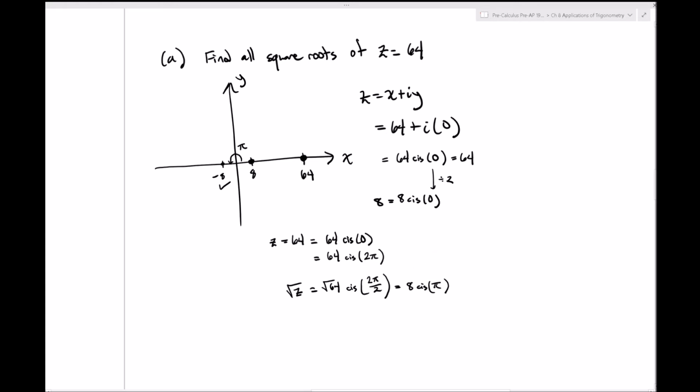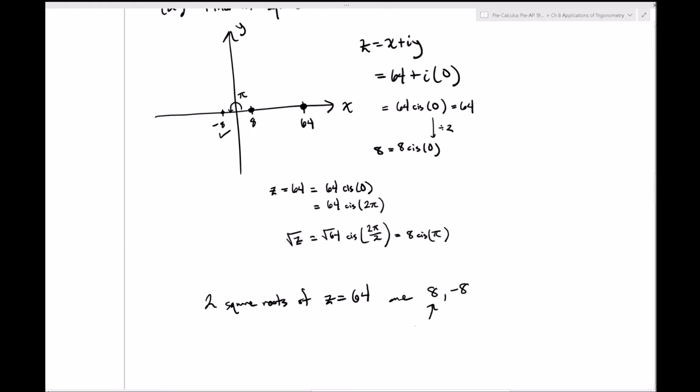So the 2 square roots of 64, so I'm going to call it z is equal to 64, are 8 and -8, which this was literally 8 with an angle of 0, and this one is 8 with an angle of pi.